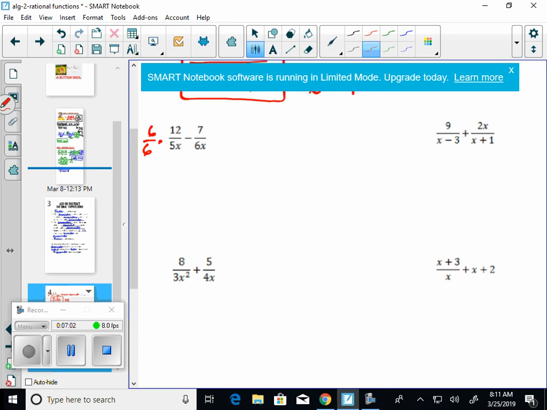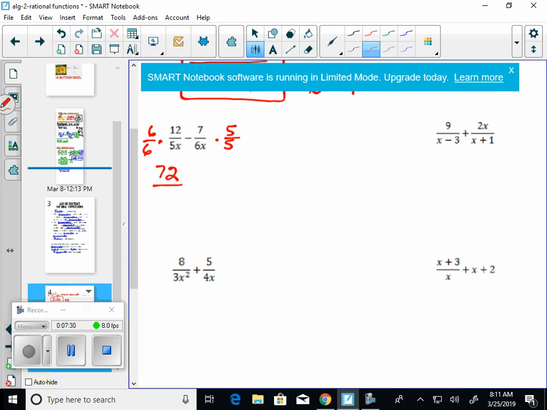Does that look familiar? It's going all the way back to fractions. What about over here? So if I take 6 times 5x, what do I get? 30x. How do I turn my 6x into a 30x? Times 5. So if I multiply the denominator by 5, I multiply the numerator by 5. And let's rewrite. So 6 times 12 is 72.